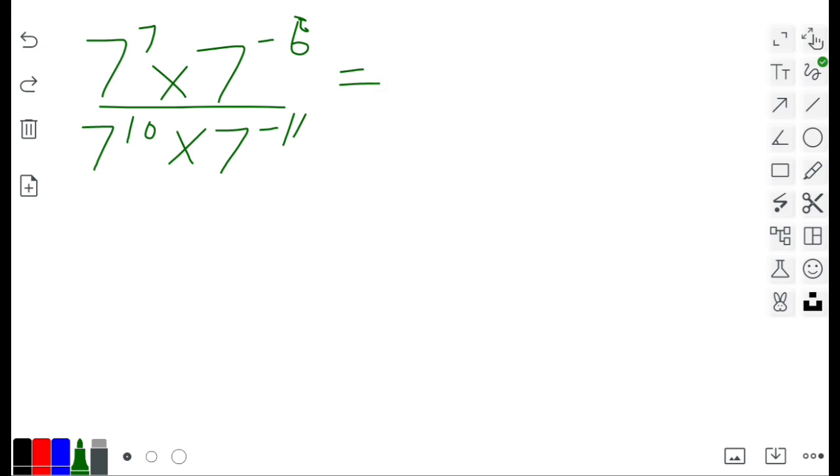Applying our multiplication rule, division rule and negative index rule, we're going to be having 7 raised to the power of 7 plus minus 6, divided by 7 raised to the power of 10 plus minus 11.